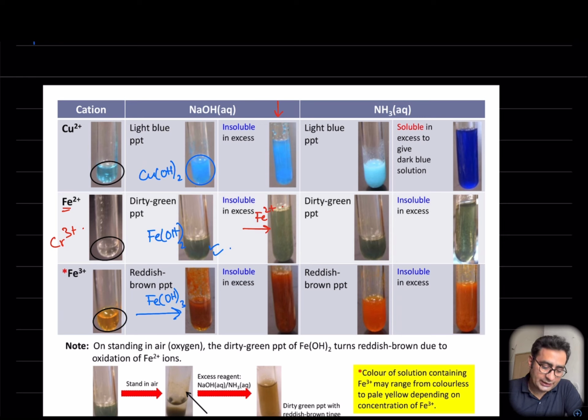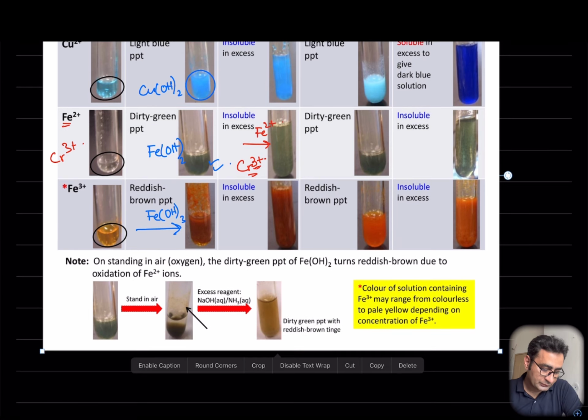If this ppt dissolves, it confirms there is Cr3 positive, because precipitates of iron 2 and iron 3 positive are insoluble in both sodium hydroxide and aqueous ammonia. So these are the positive observations for cations.